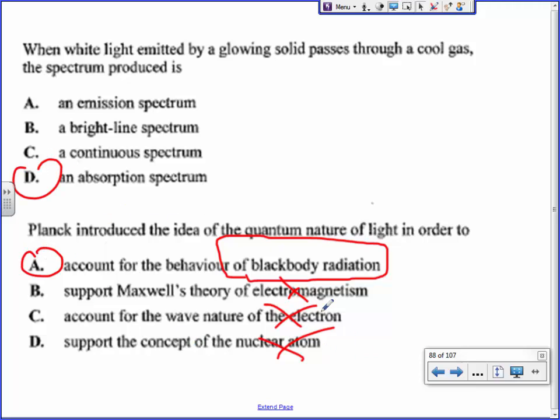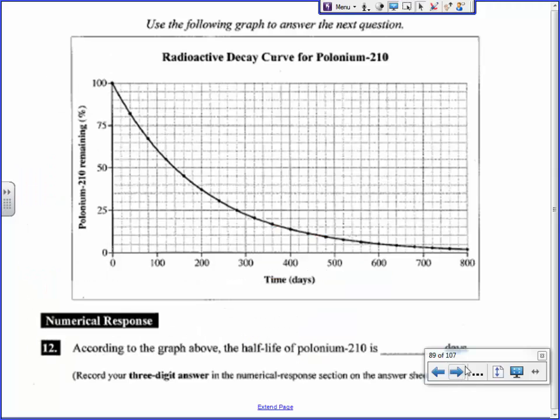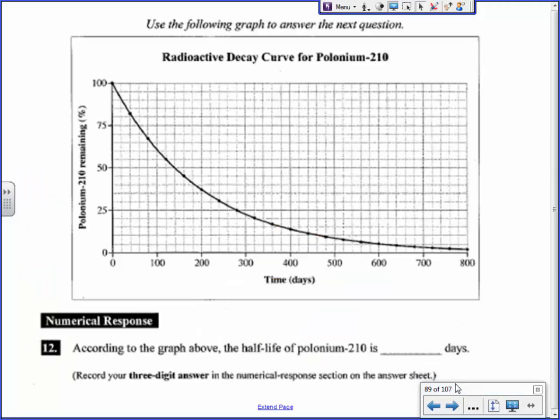All right, what else do I got here? Here's a radioactive decay curve. And for those of you in my 30 level class for math, this should scream exponential graph, right? All we have to do is interpret it. We want to figure out the half-life of polonium-210. Here is where we were at 100. Well, half of 100 is 50.